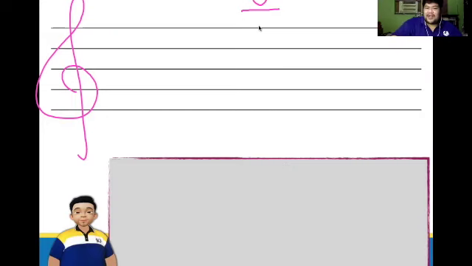This is near line number 5, and we all know that line number 5 is letter F. There is a short line or a ledger line after line number 5. The note is above the line, so it's floating in space. And since it is stepwise, there's also a space below the short line.